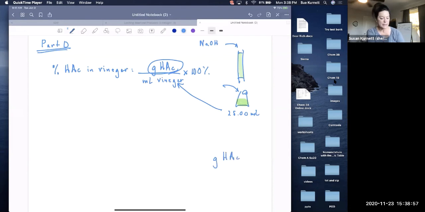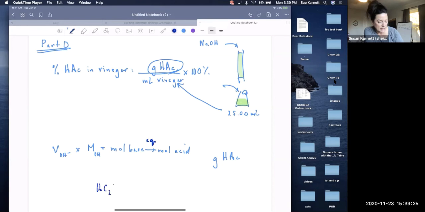And our starting point is going to be the volume of base times the molarity of base. The base dispensed from the burette gives us moles of base. And if we know moles of base, we can get to moles of acid. How do we do that? With a balanced equation. So here was another part of your pre-lab.